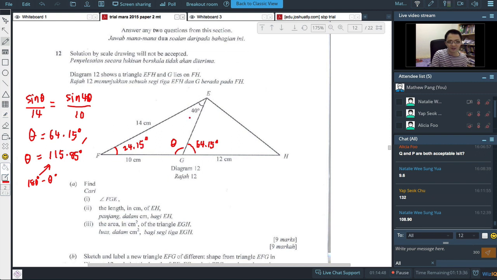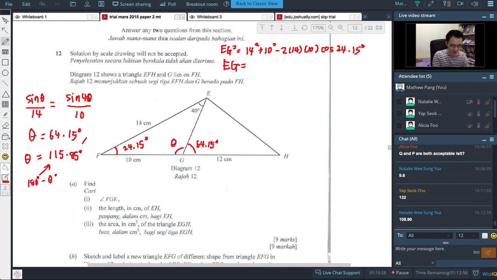Then in order to find EG, I will use cos rule. So EG square will equal 14 square plus 10 square minus 2 times 14 times 10 times cos 24.15.